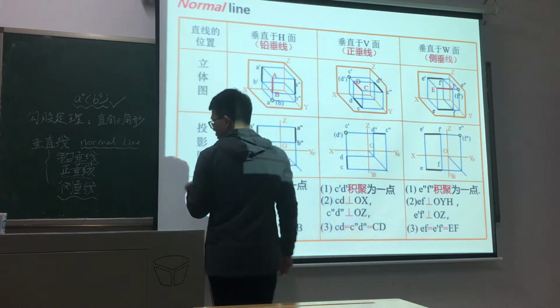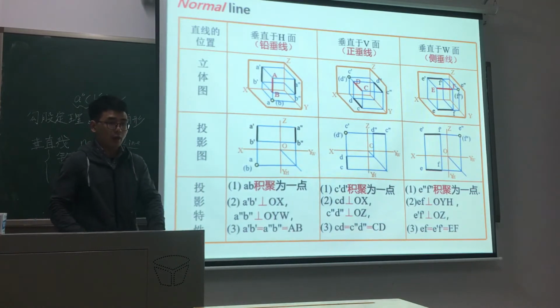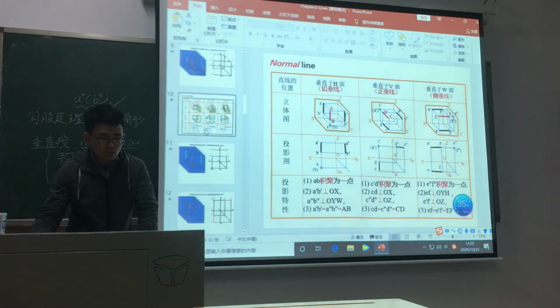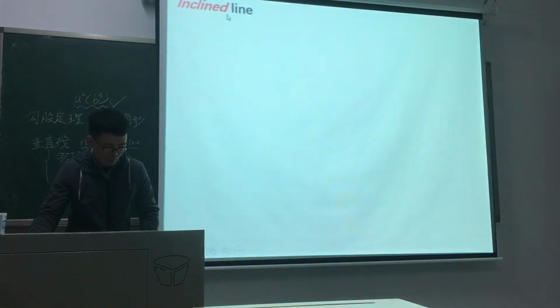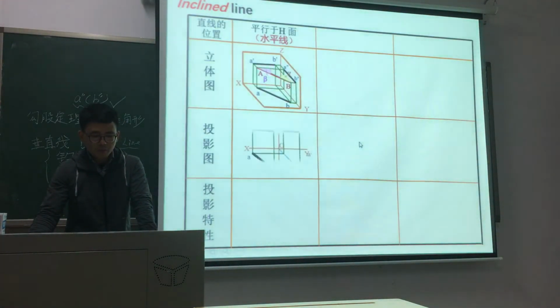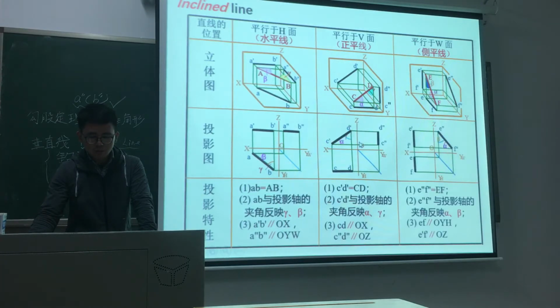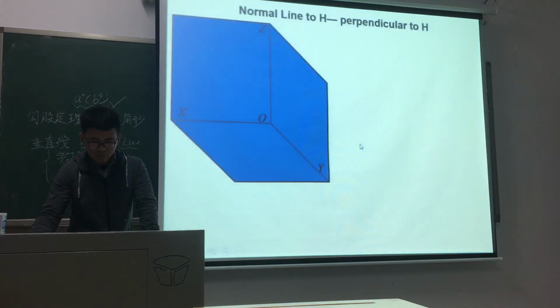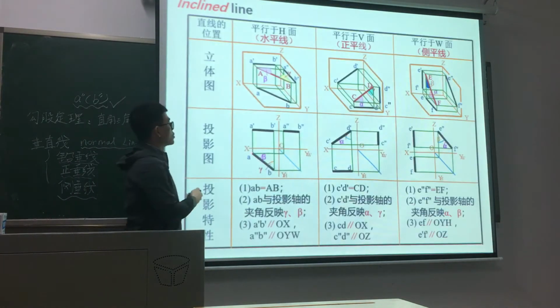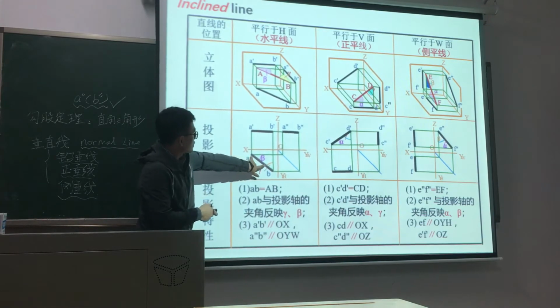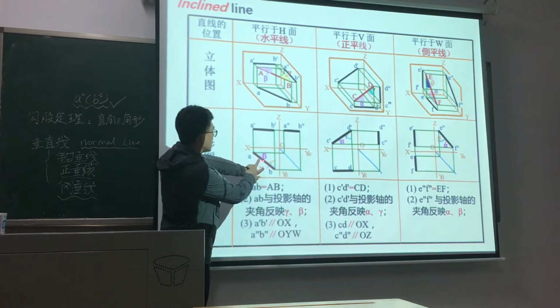Remember? And in the previous class, we also know that in parallel lines we can find the true length. Look at this again and remember these two points: this is a parallel line, right? And this one is a perpendicular line. What we talk about now is the perpendicular line, and last class was the parallel line. So this line AB, this line is the true length.